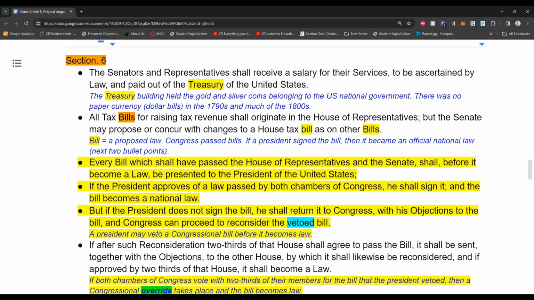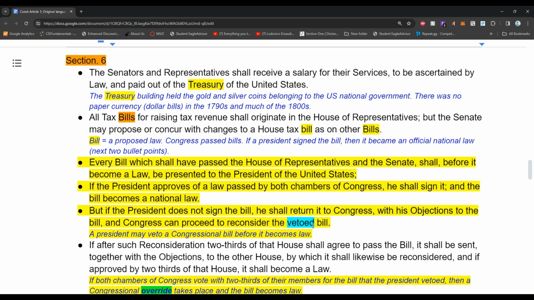But then the bullet with the blue highlight in it says, hey, if the president disagrees with a bill that was passed by both the House and the Senate, he can veto the bill, and that vetoed bill is sent back to the House and Senate, and if they choose to, they can make some changes in it.